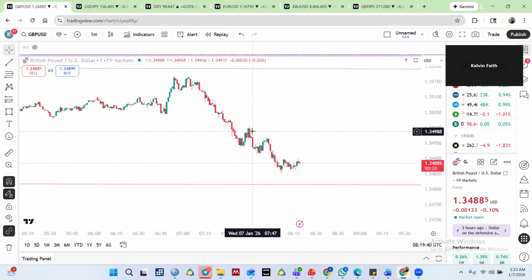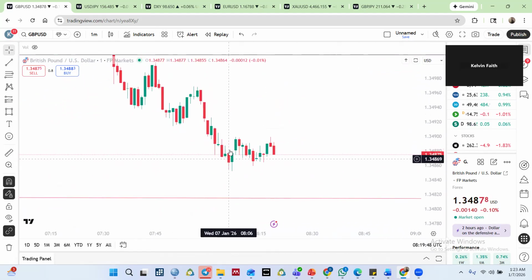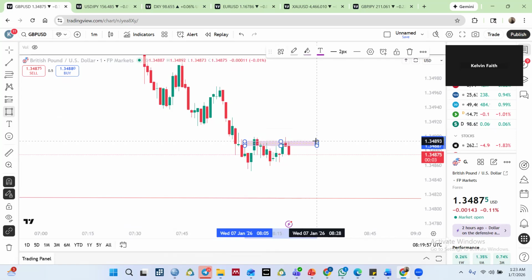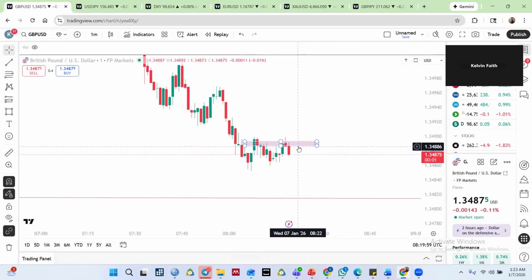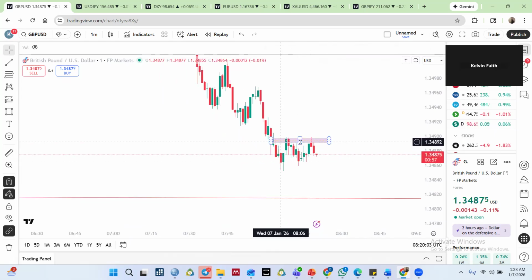We have sellers here, then price making a support, push up, another support, push up. Currently making a resistance here. Is this resistance going to hold? I'm not sure.